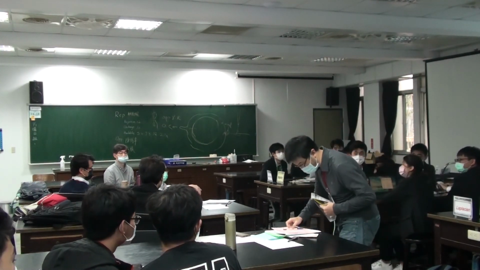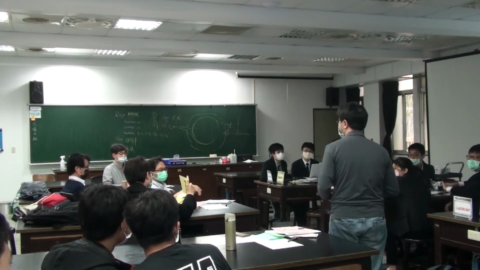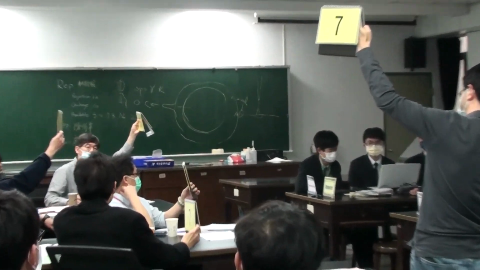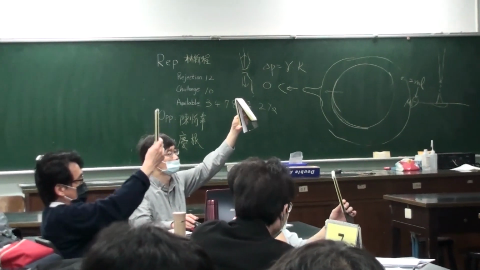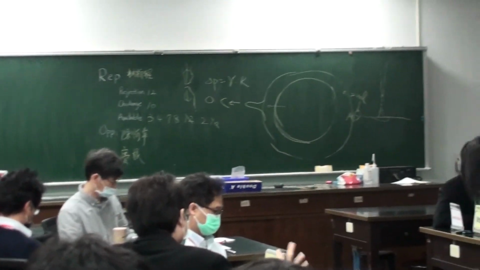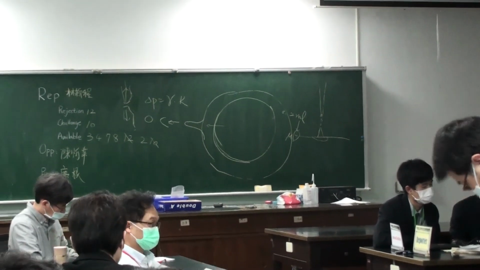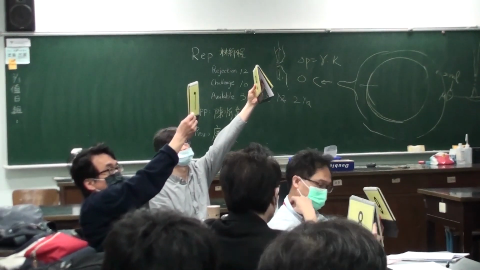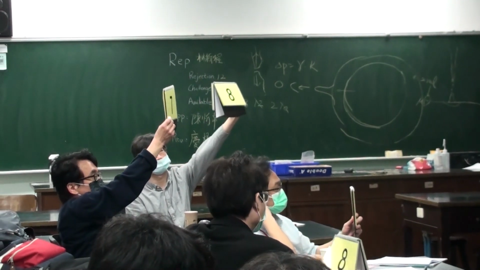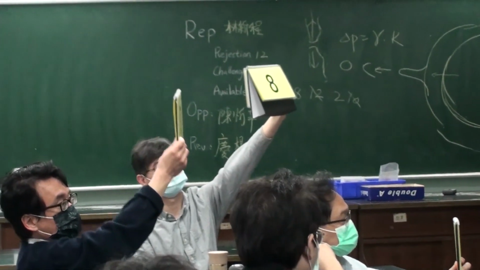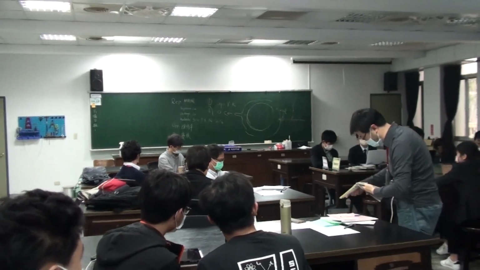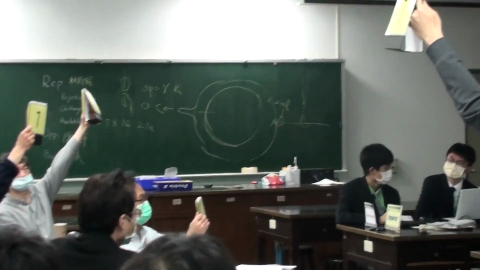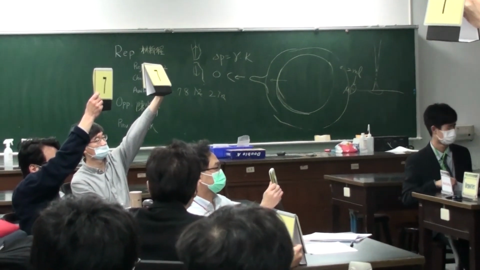So now let's give the marks for the report: 7, 7, 7, 6, 6. And now for the opponent: 8, 8, 9, 7, 8. Finally, the reviewer: 7, 8, 8, 7, 7.